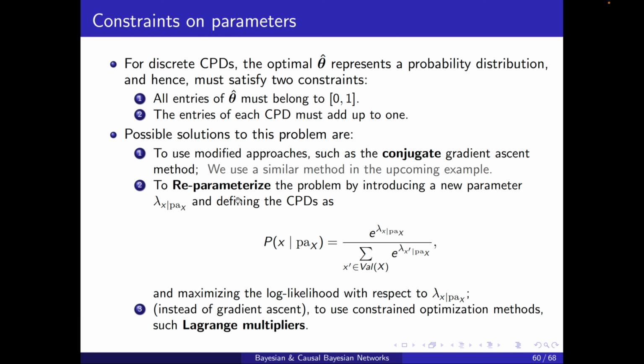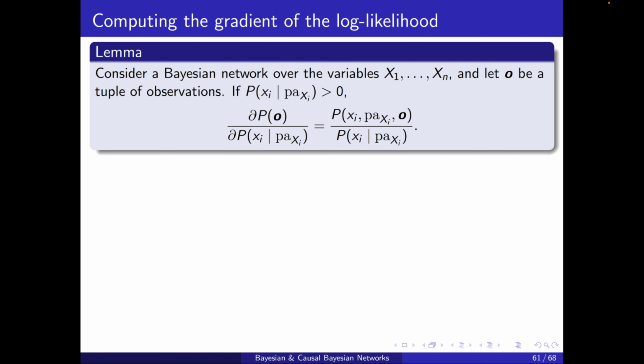The one that we're going to use in the upcoming example is a method similar to number 1 here, which we will explain. To simplify the calculation of the gradient, we will need a couple of results, starting with this lemma. Consider a Bayesian network over the variables x1 to xn, and let O be a tuple of observations. For example, it can be the value of x1 and x5 or anything else.